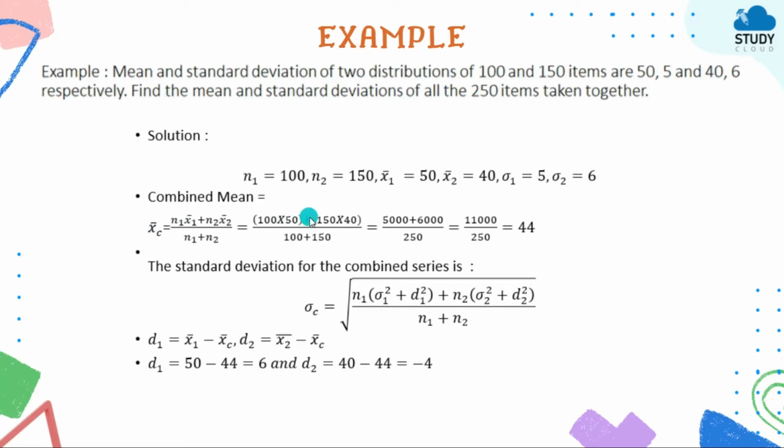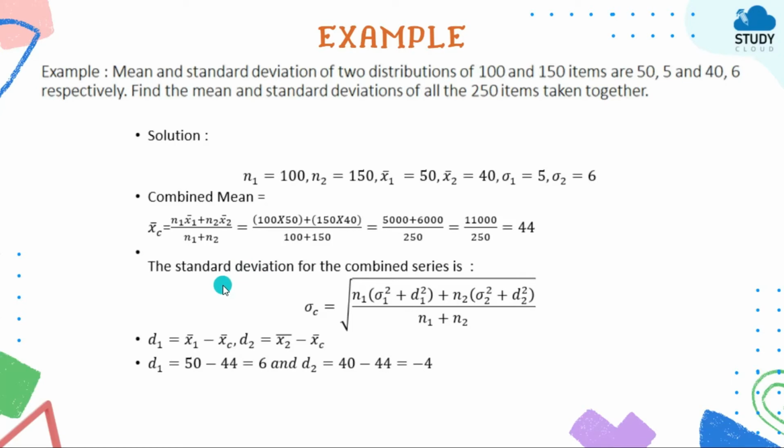So for the combined mean, the formula is n1 x bar 1 plus n2 x bar 2 upon n1 plus n2. Then just substitute all the values. So 100 into 50 plus 150 into 40 upon 100 plus 150. So it gives you 5000 plus 6000 upon 250. When you add the numerator, you get 11,000 upon 250, which is equal to 44. So 44 is your combined mean.